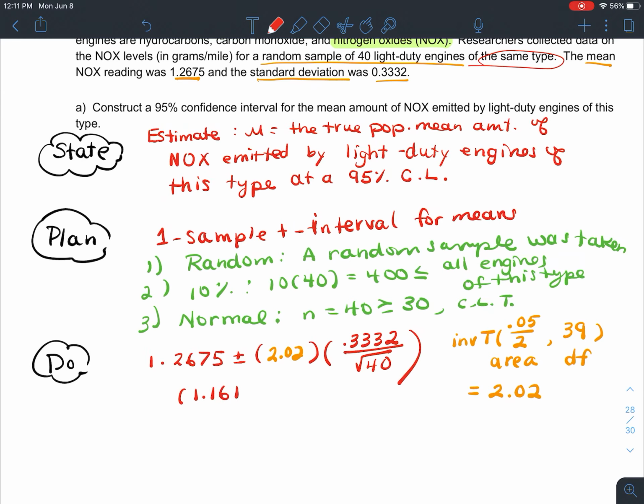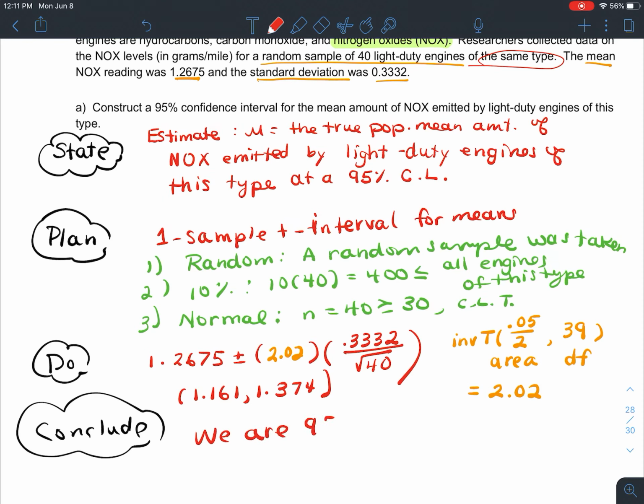Okay, my confidence interval is 1.161 to 1.374. So in my conclude step, I'm going to say we are 95% confident that the interval, and then we say the interval.